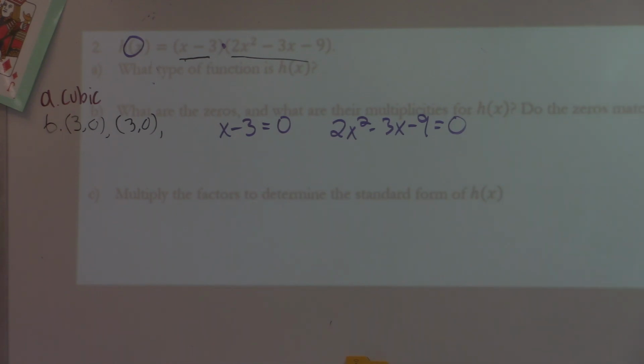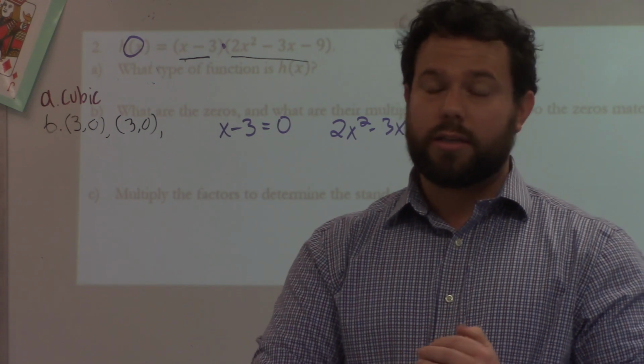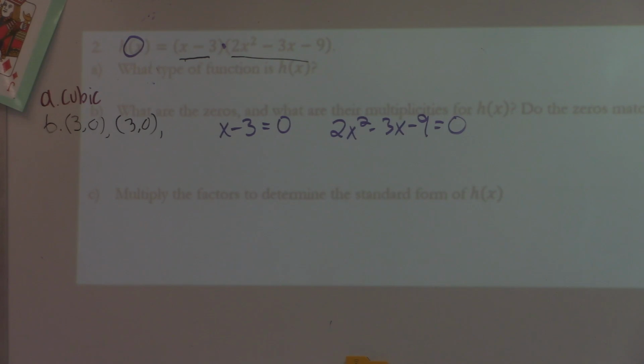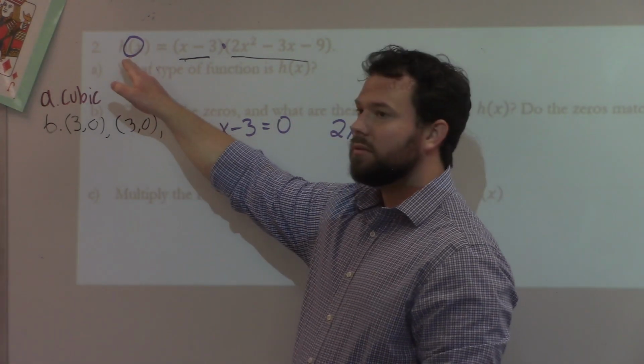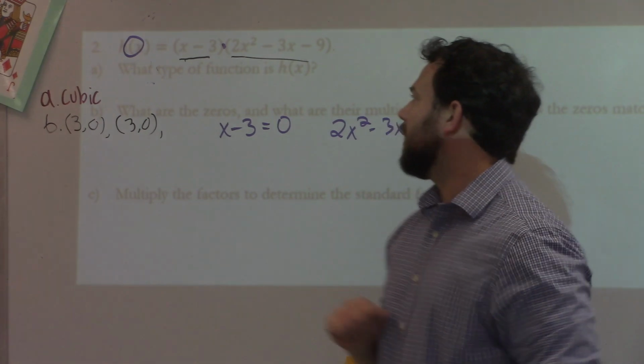Now, the next question is, what are the zeros and what are the multiplicities for h of x? Do the zeros match the x-intercepts for that function? I want to point this out: there will be sections of the test that are non-calculator. This could easily be on the non-calculator portion. So we've got to remember when finding zeros that the whole function's output is 0.